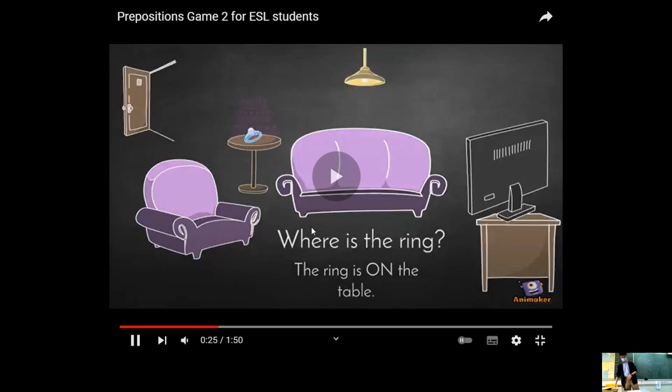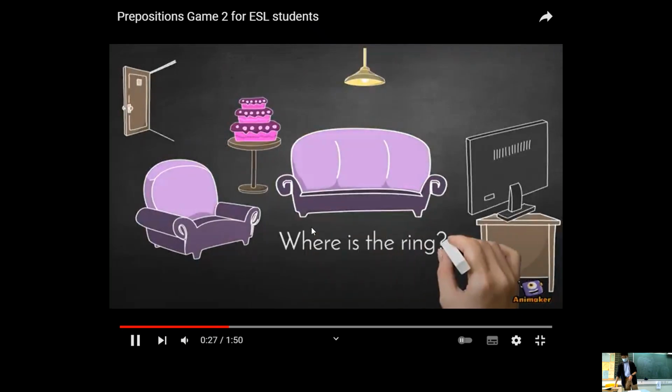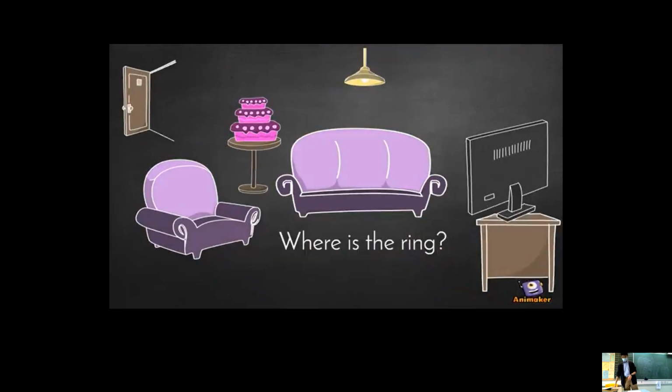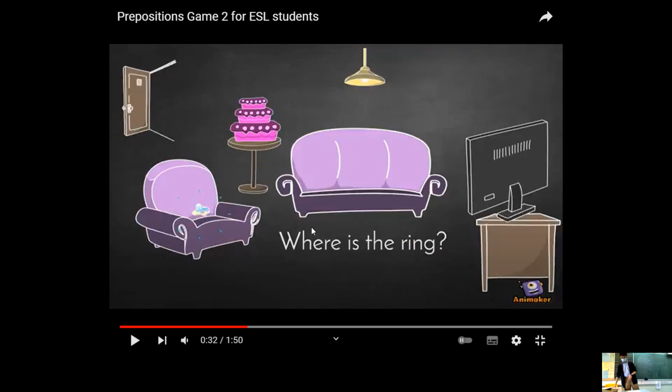How about the next one? The ring is, yes, we say that that is an armchair, okay? Whole sentence, whole class. The ring is on the armchair. Yes. One more.